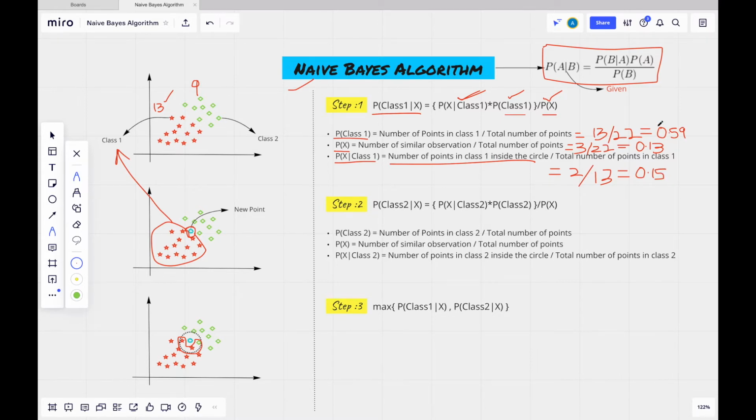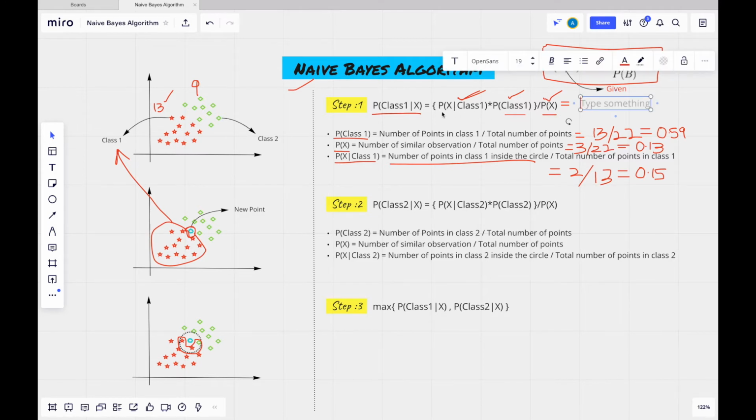Now let us substitute all these values into our formula. We have probability of x given that class 1 has occurred, which is 0.15, into probability of class 1, which is 0.59, divided by probability of x, which is 0.13.